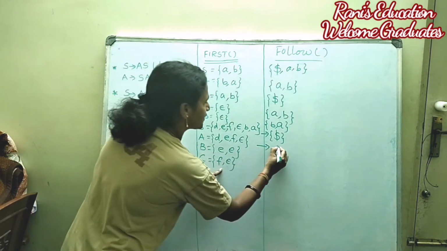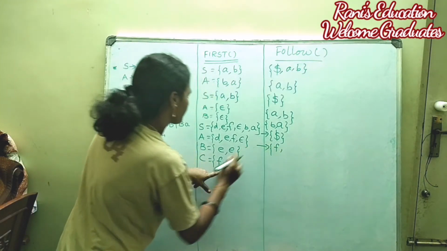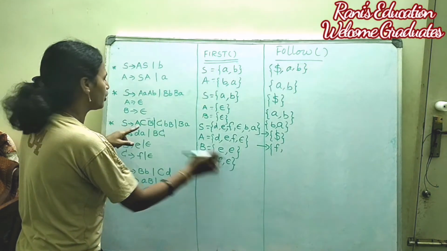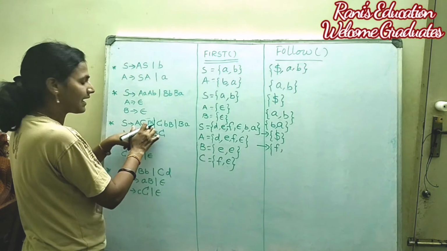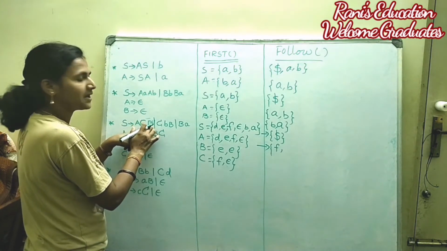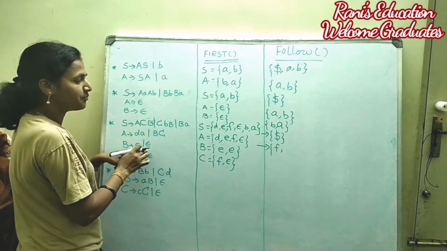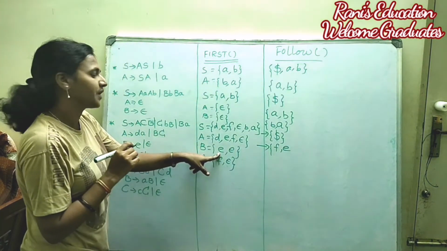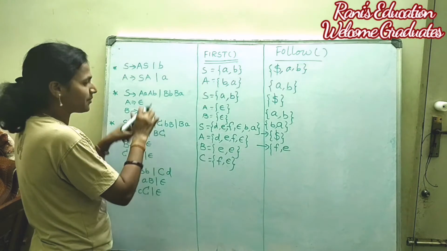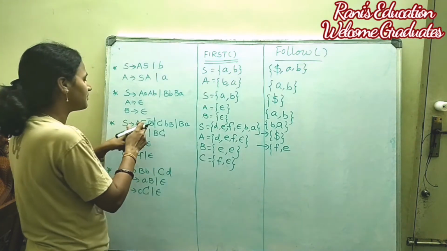F and epsilon, where F is the terminal. So if I replace C by epsilon, then what is the immediate grammar symbol after A? That is non-terminal B. What is first of B here? E and epsilon. Clear?